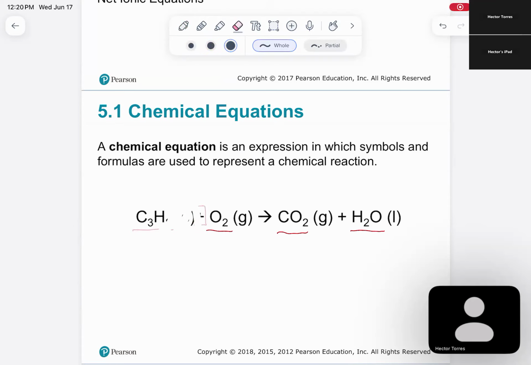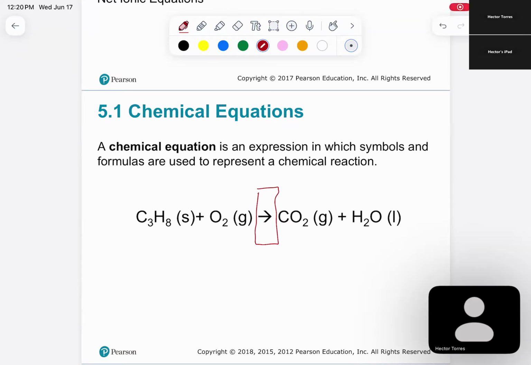So let's go over what different parts of the equation mean. You can tell that there are 2 sides of the equation. Right here, the arrow tells you where to stop or how to break it into the 2 sides.